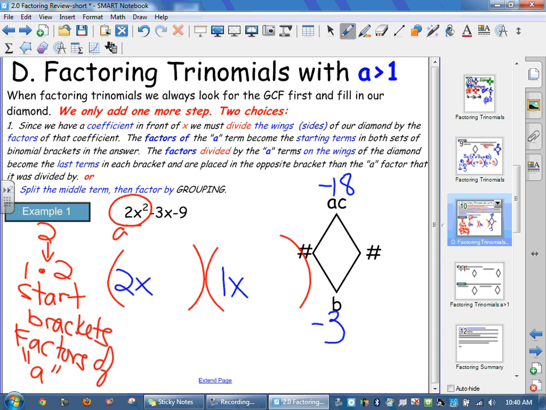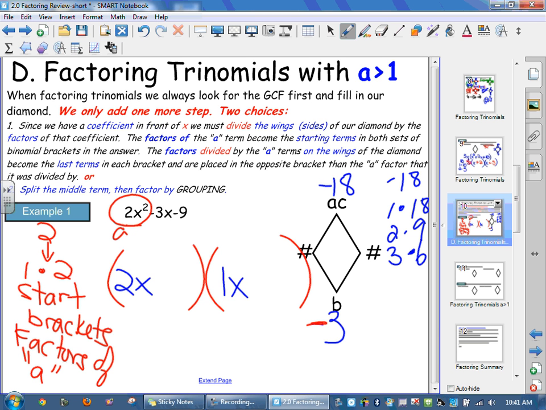Now, if the B number is negative or positive, it's always going to tell you what the large number is, because the large number in the factors takes the sign of the B guy. The B guy is a negative, so our big numbers here are going to be negative. So it's going to be 1 times negative 18, 2 times negative 9, 3 times negative 6.